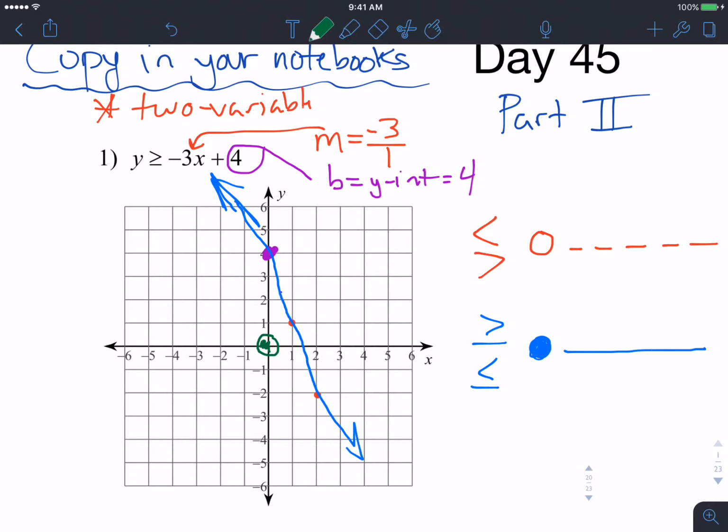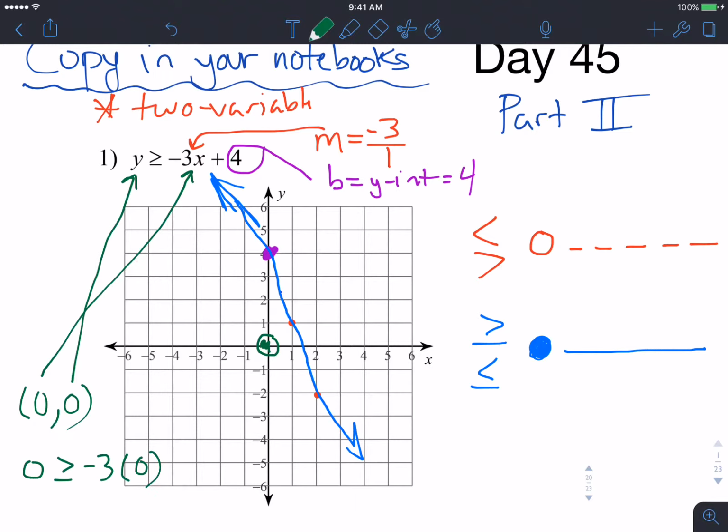So what I'm going to do is I'm going to test 0, 0. That means I plug 0 in for y, and I'm plugging 0 in for x. So what I get here is 0 is greater than or equal to -3 times 0 plus 4. And I'm going to simplify that. 0 is greater than 0 plus 4.